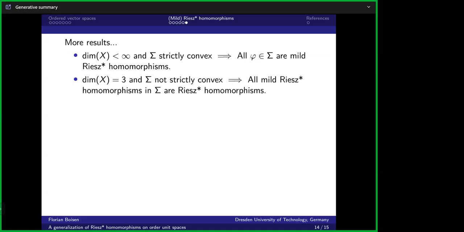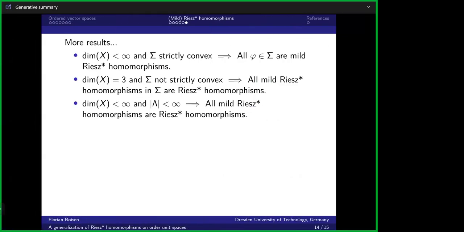But we have just seen that in four-dimensional spaces, this no longer happens. And finally, if your lambda is finite, so if you have only finitely many extreme points, then it's also true that every multi-star homomorphism is a Riesz-star homomorphism. So in this case, it is sufficient to take sets with at most two elements.